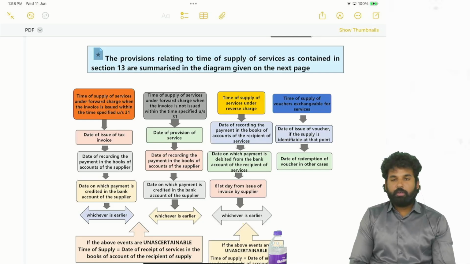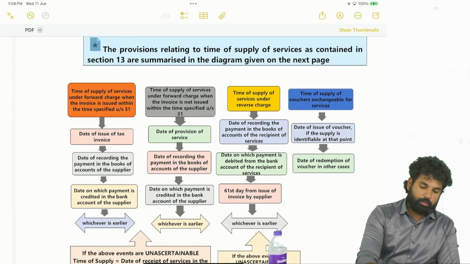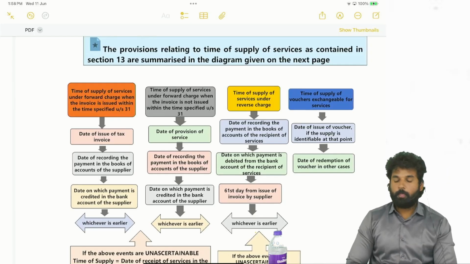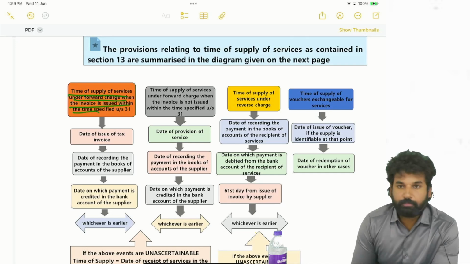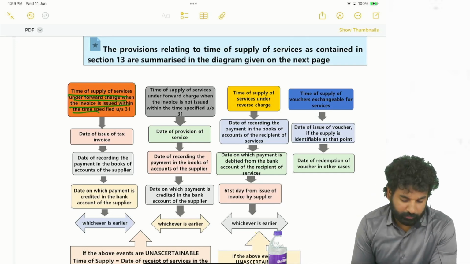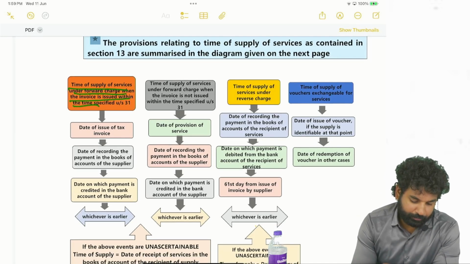We have the chart of this section 13 here. Time of supply of services under forward charge mechanism, where the invoice is issued within time under section 31: then what will be the date?